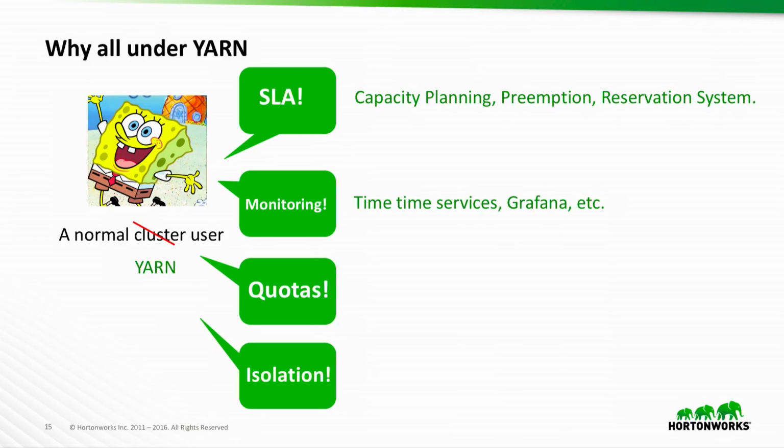For monitoring, we have timeline services inside Yarn and some other ecosystem projects like Grafana. We can build some very nice graphs to let the user or admin understand what is happening. For quotas, we can assign quotas to queues and users, and we can also enforce user access control.